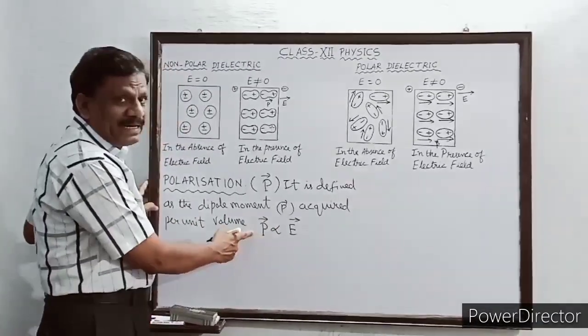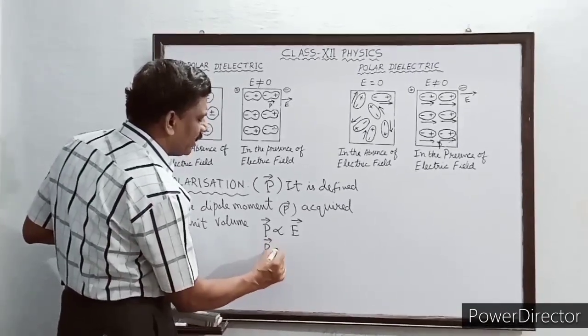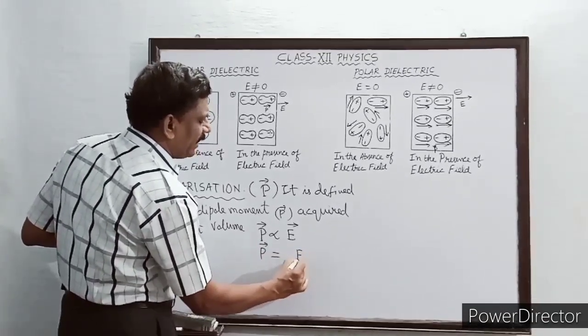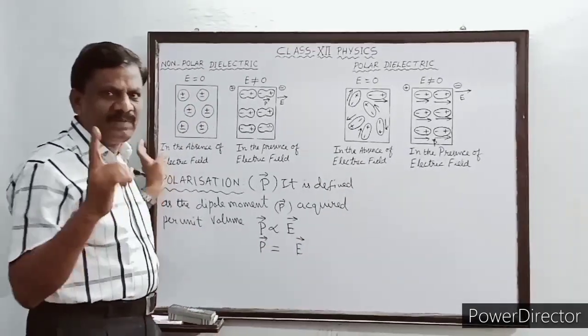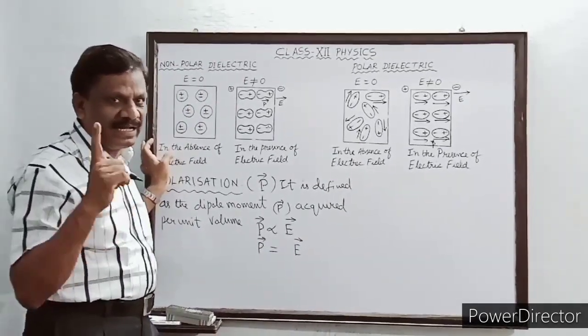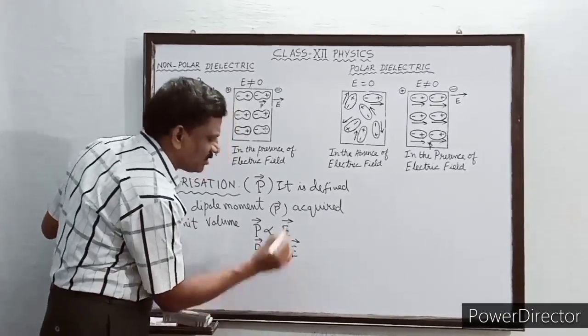Here P, capital P, that is polarization, is equal to a constant times E vector, and that constant of proportionality is denoted by the Greek letter chi.